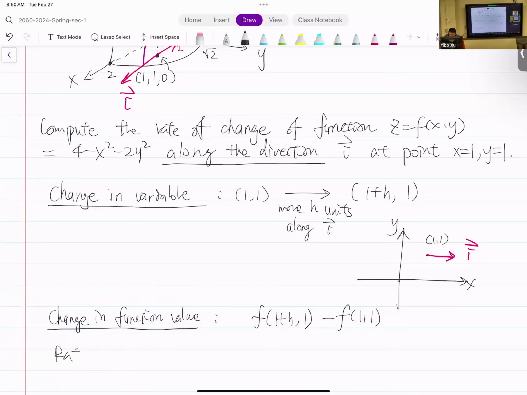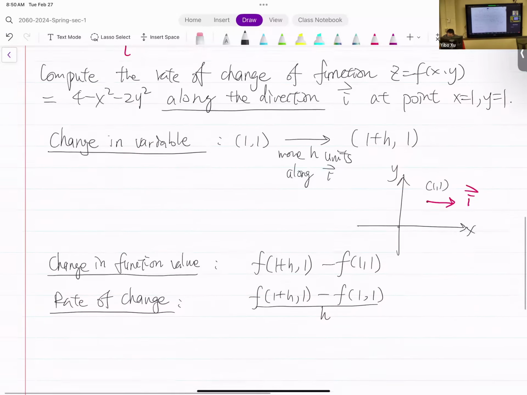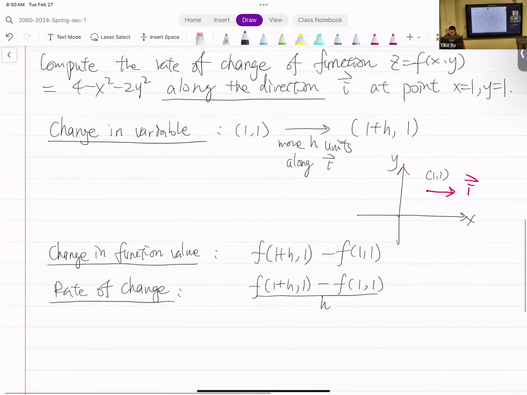So the rate of change is the change in output over the change in input. And you can see where we're going, right? So we can just define the instantaneous rate of change by taking the limit when h goes to 0. So yeah, let me finish this line before I let you guys go.